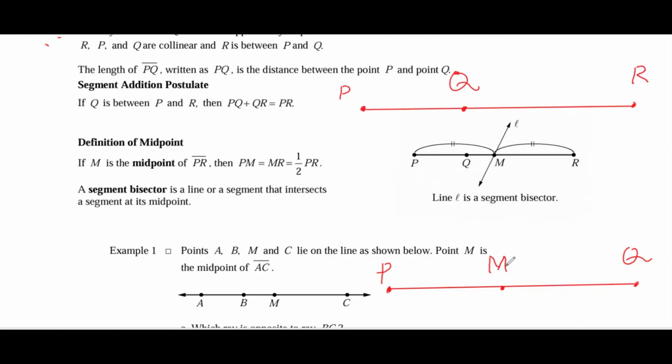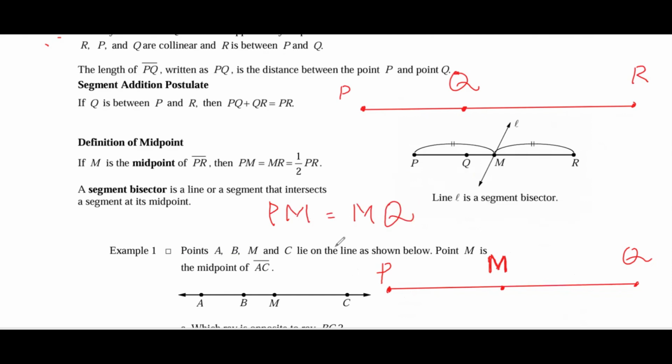That point is called the midpoint, and it is represented by capital M. And you can see that PM is equal to MQ.